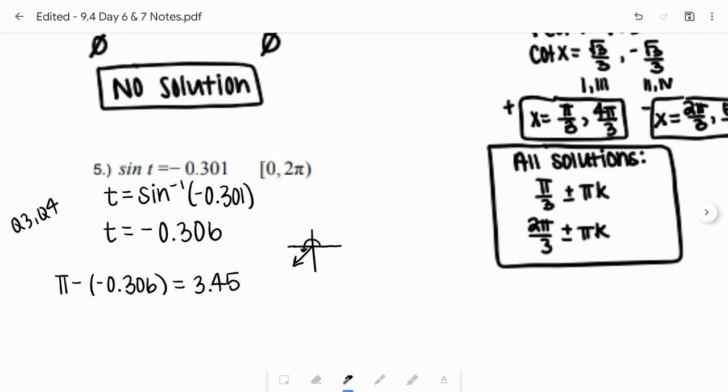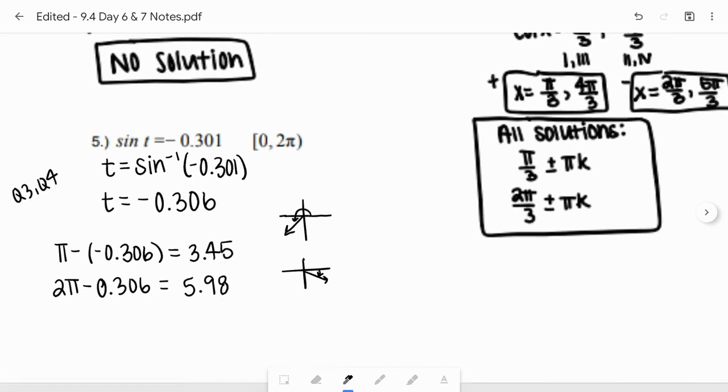Okay, then to find it in quadrant 4, we can go ahead and just take 2 pi and then subtract 0.306, and that gives us approximately 5.98. So in quadrant 4, it would be right here. So that's why I just want to take 2 pi and subtract out the angle.